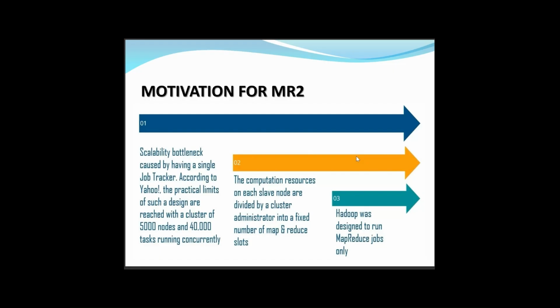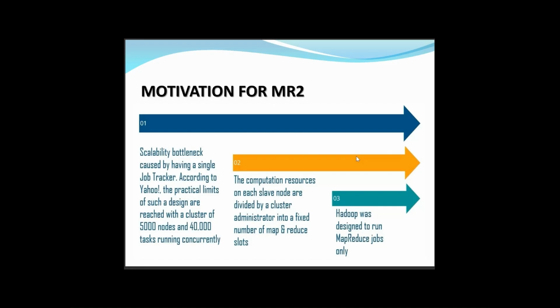With YARN, Hadoop separated resource management from job execution. Now, other frameworks like Spark, Tez, and Flink could run side by side on the same cluster. There was a big shift. Hadoop went from being a single purpose system to a multi-framework big data platform.